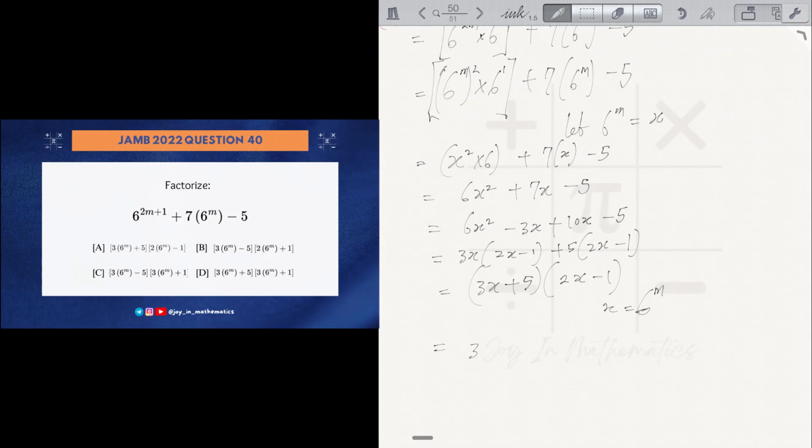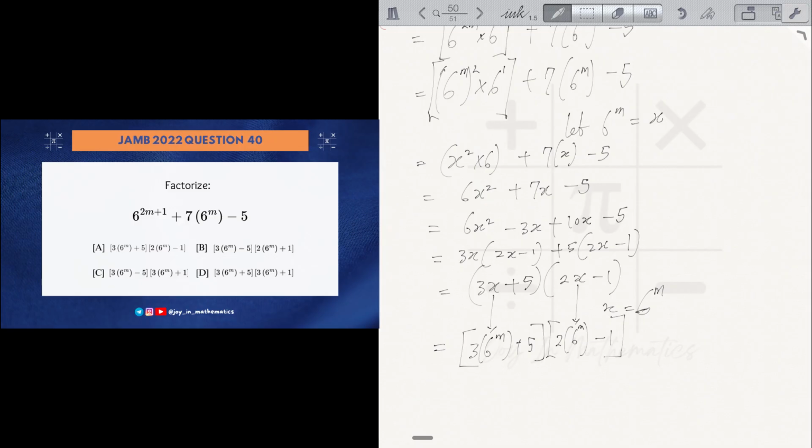So anywhere I see x, I put 6 raised to the power of m plus 5. Into 2, anywhere I see x, I put 6 raised to the power of m minus 1.